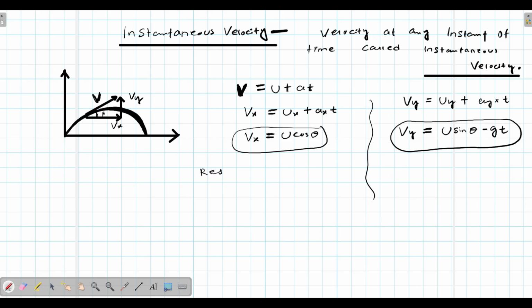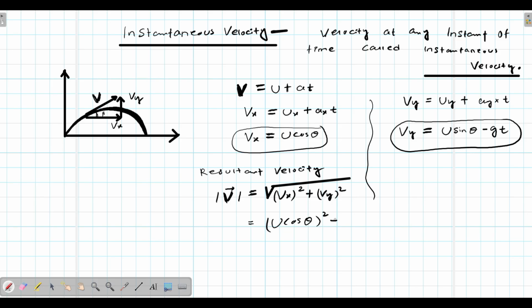Resultant velocity V equals square root of Vx square plus Vy square, that is square root of (u cos theta) whole square plus (u sin theta minus gt) whole square. That is the resultant velocity.